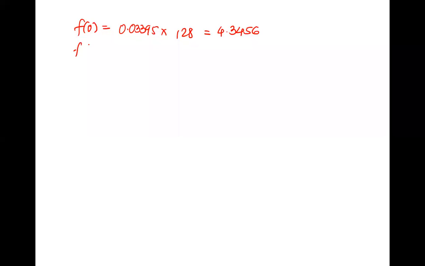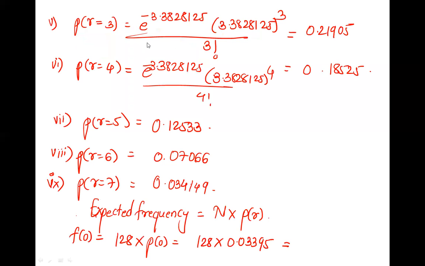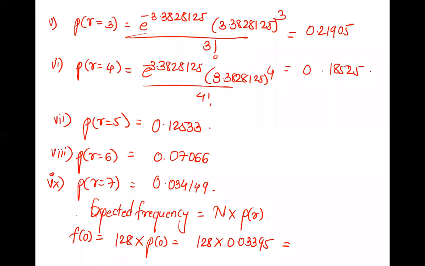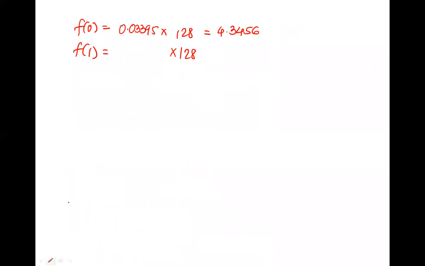Okay. F of 1. Frequency at 1 is probability at 1 into 128. Probability at 1, 0.1148. 14.7011. Okay. 2.